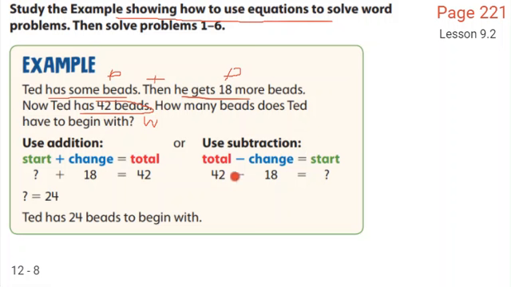It's the total, which is the whole, 42, minus that change, is equal to what he started with. I see how they're doing this, but it's really difficult to get your numbers. So you have to rearrange them a little bit to where they're linear. So it's 42. I'm going to do 42 minus 18.